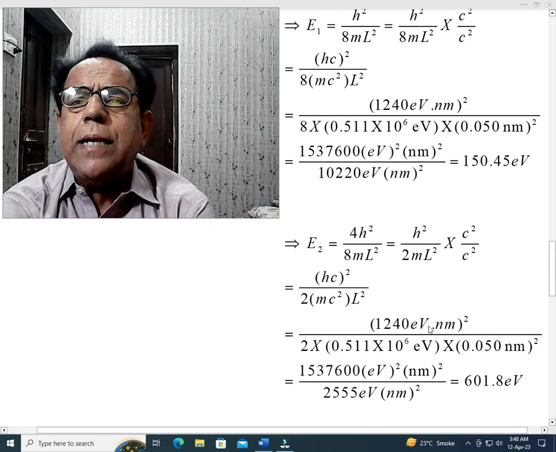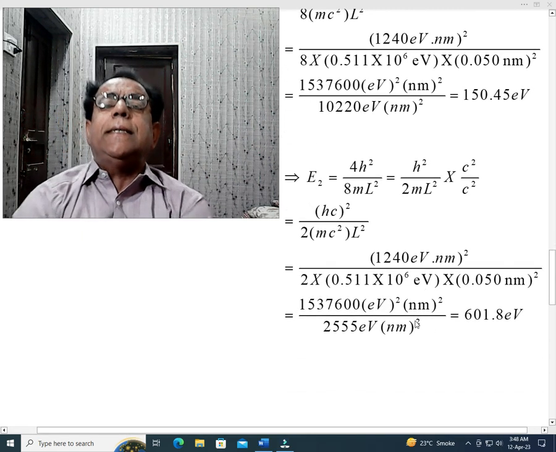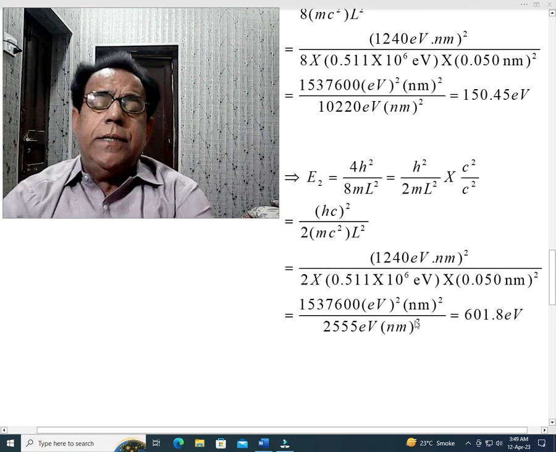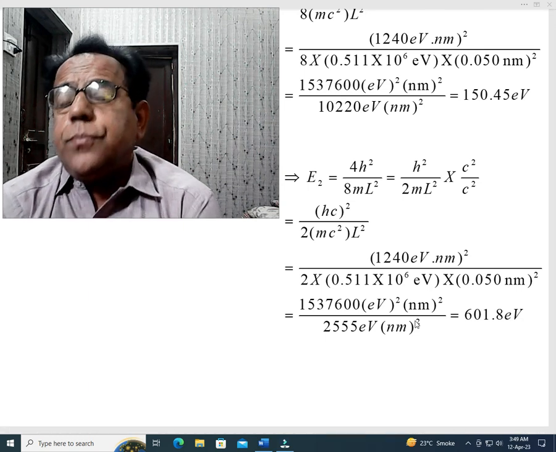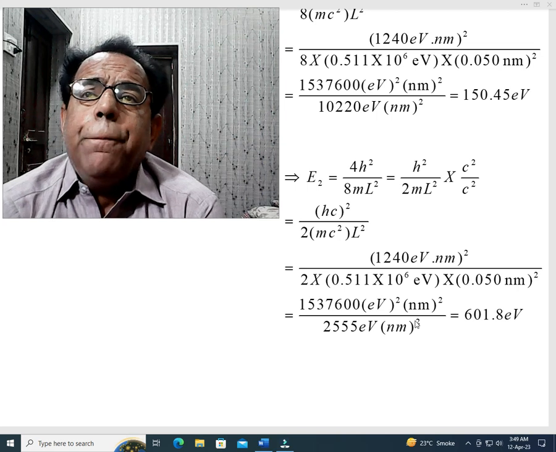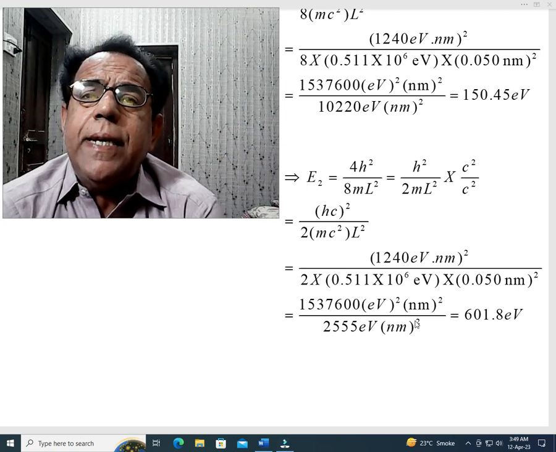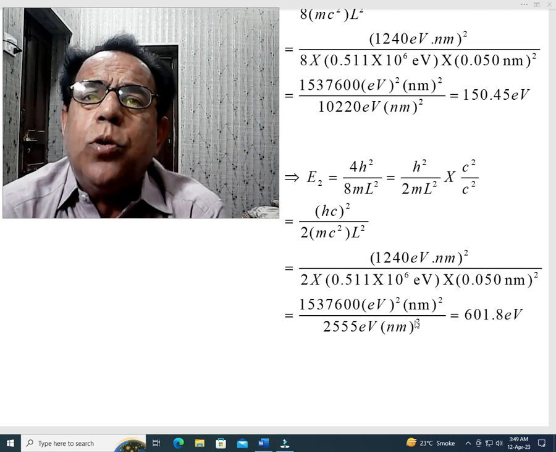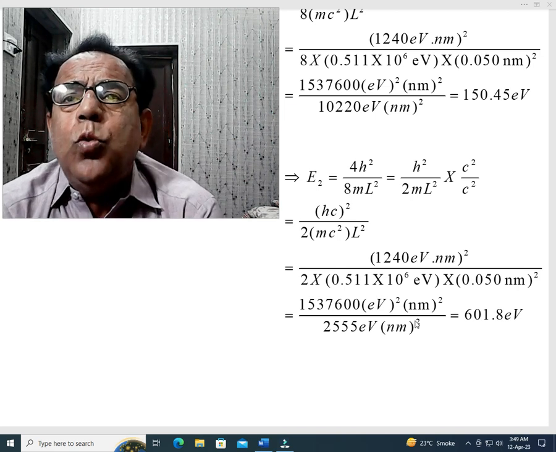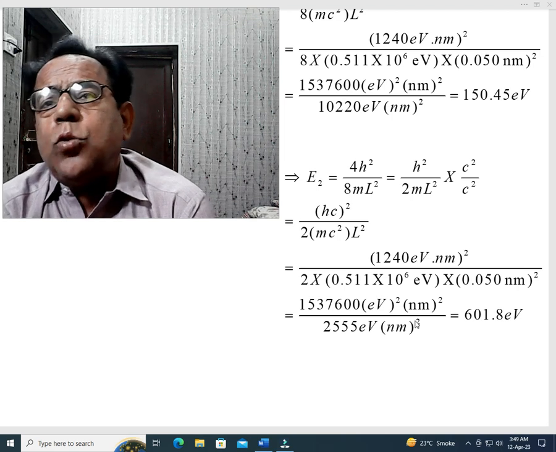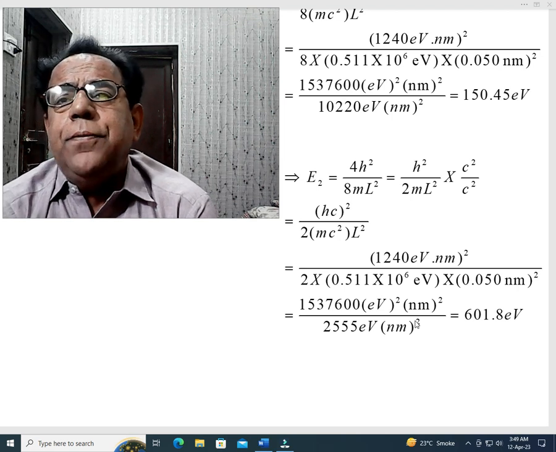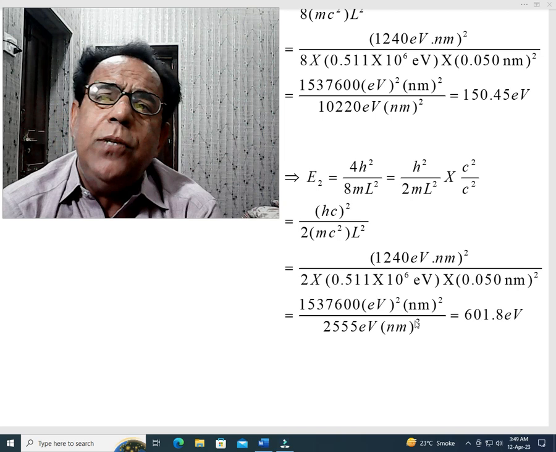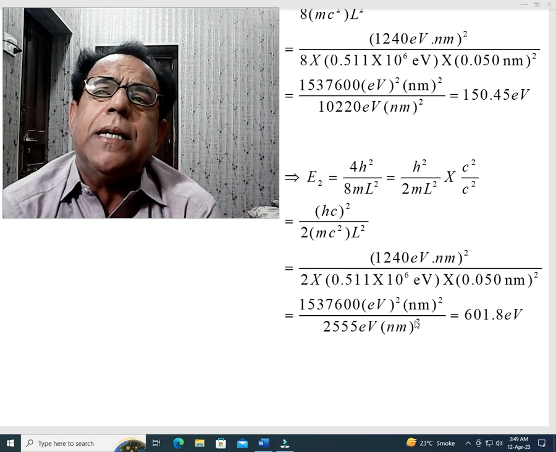So we have again multiplied and divided by c square, and in the next step, once again hc whole square has been written, h square c square, divided by 2 mc square into l square. The c square has been written with m so that the value of mc square may be taken from the toolkit.